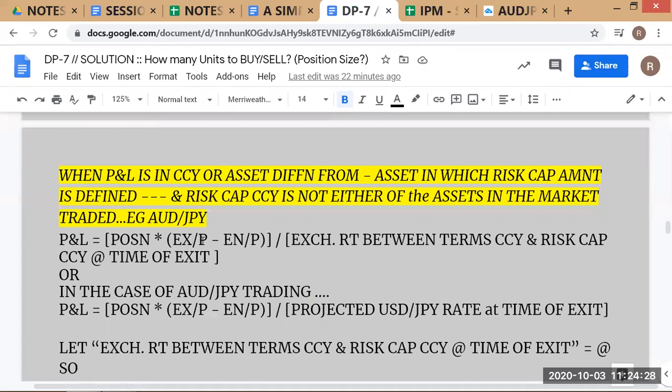And then we have to do an adjustment to convert the terms currency P&L to the risk cap currency P&L, because the LHS is actually risk cap currency P&L. So although we write it in general terms as trade P&L, these are all situations of losses, not profits. So P&L is profits and losses, but actually these are all loss modeling.